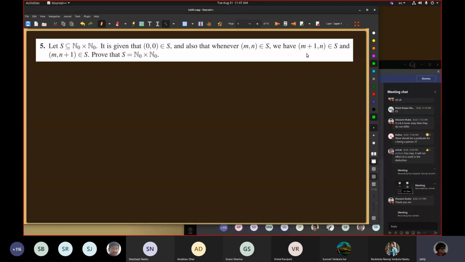Sir, can we do that for any m, n? We have all the points to the right, which are (a, b) with a greater than m and b greater than n. We have all the points to the right and top. And since (0, 0) is there, we have all the points of the natural numbers.